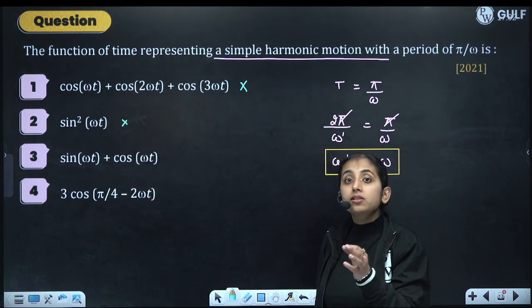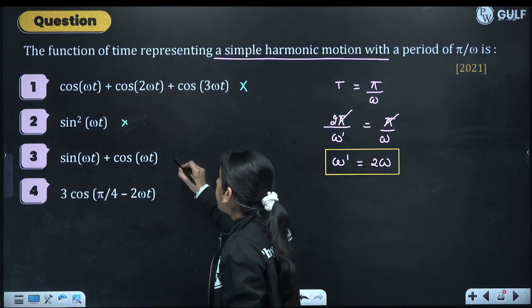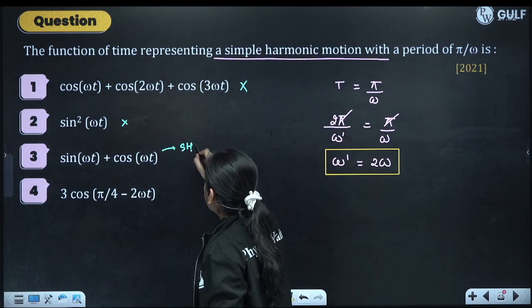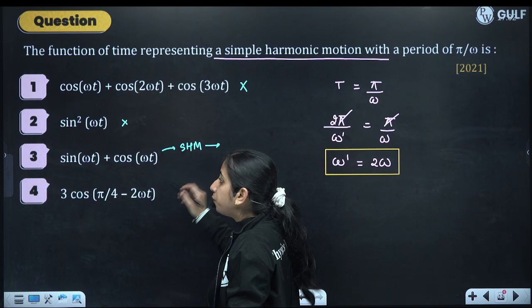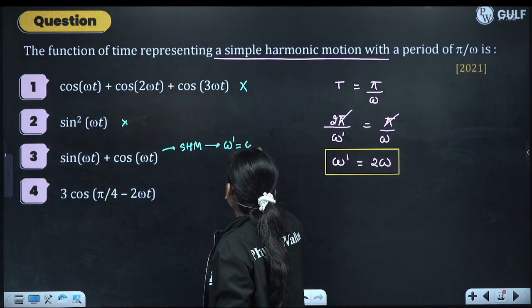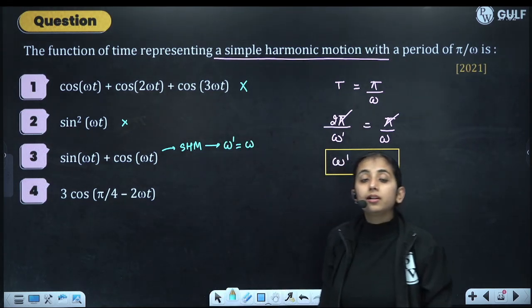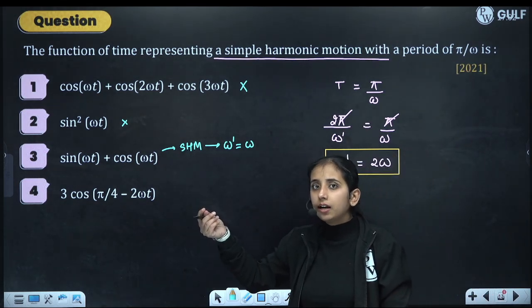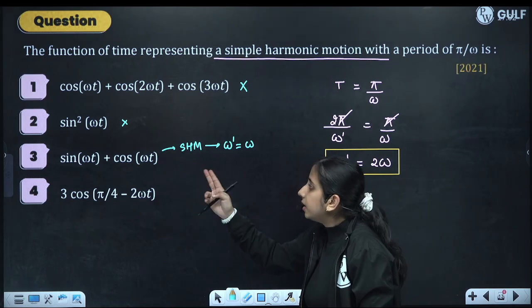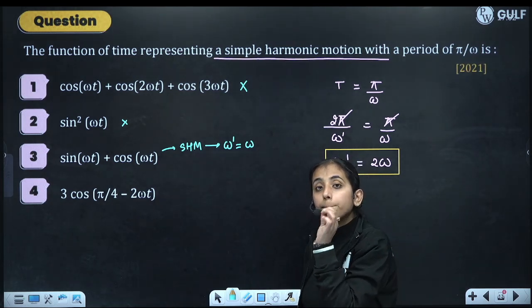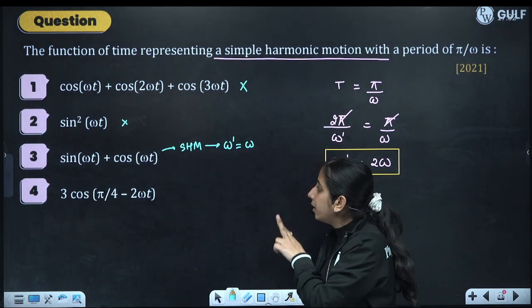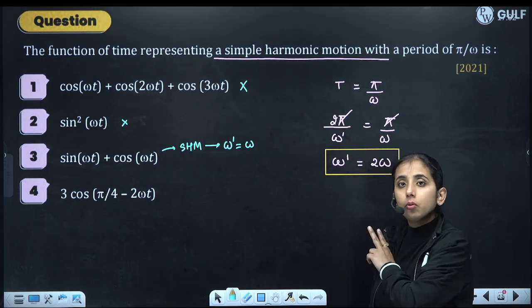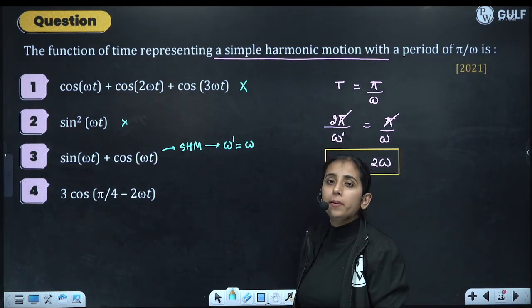Sine omega t plus cos omega t is a SHM, but its frequency will be omega only. The resultant will be r sine omega t minus delta. So the resultant is an SHM, but not of frequency 2 omega. Its frequency will be omega only.